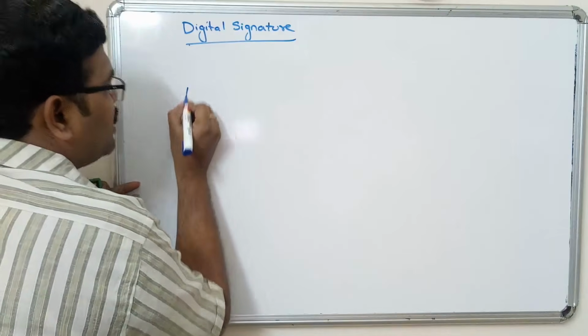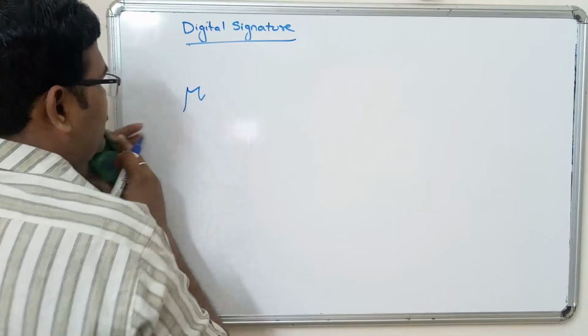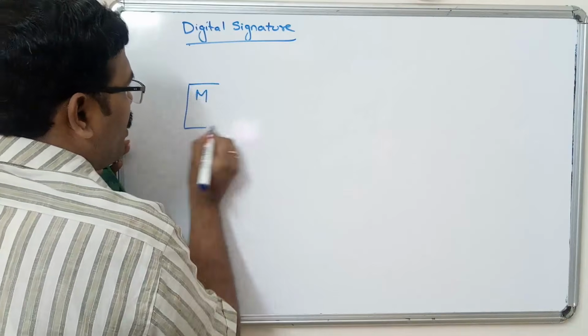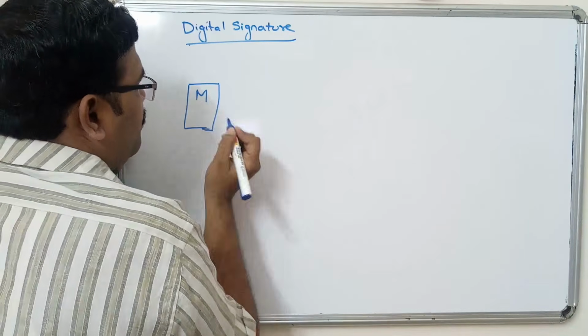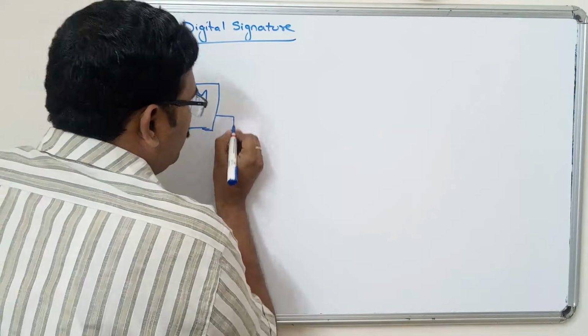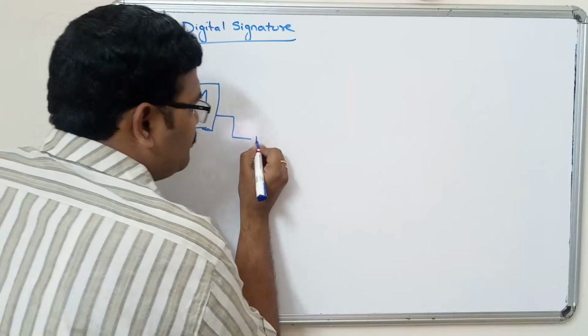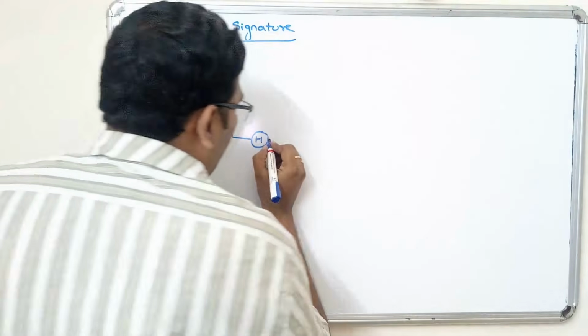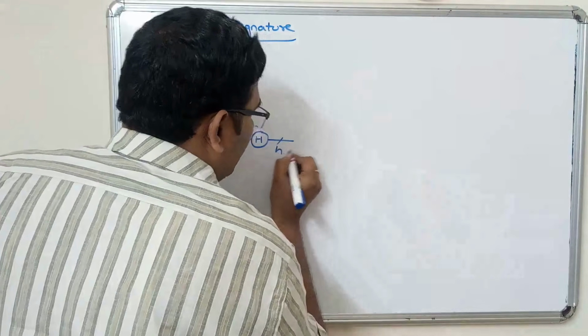Let us see that. Consider the plain text message. Apply the hash function so that we get a hash code.